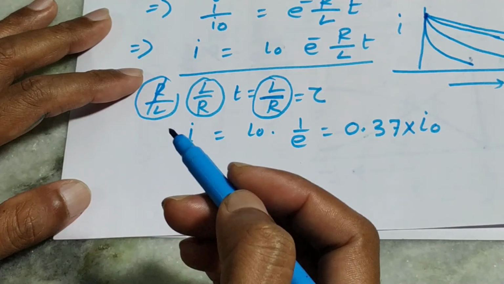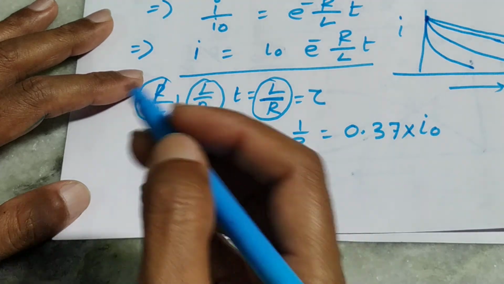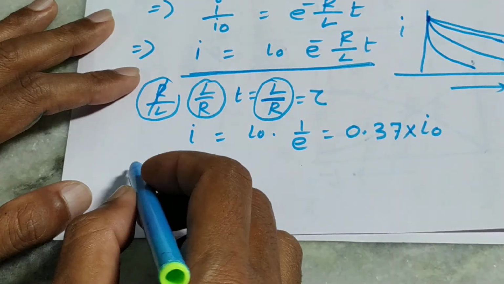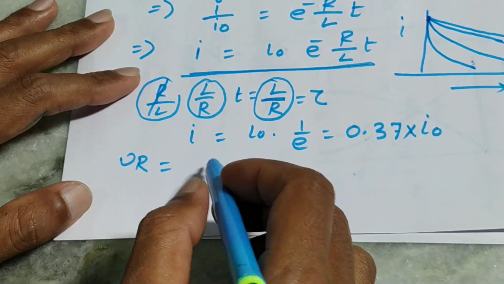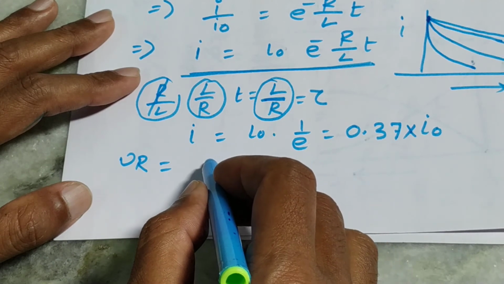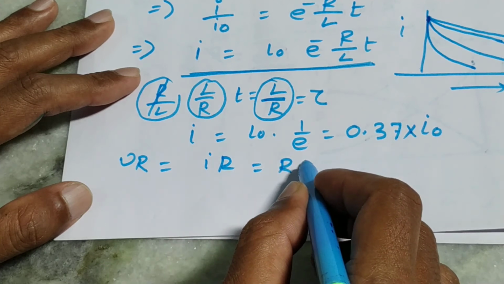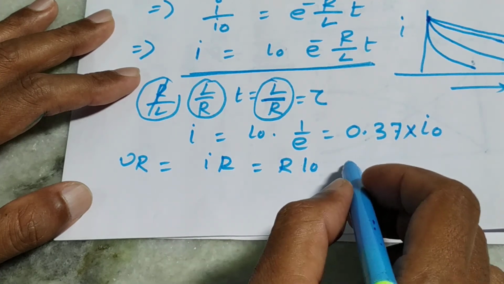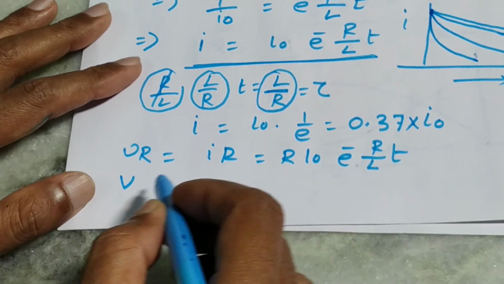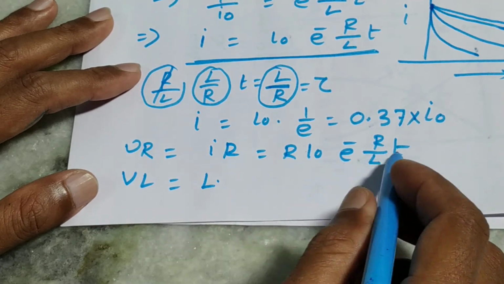Now, what will be the voltage drop at any instant of time during decaying? Here, this is the current. So the voltage drop across the resistance is VR is equal to I into R, and this is equal to R I0 exponential minus R by L t, and VL is equal to L di by dt, differentiating with respect to time.